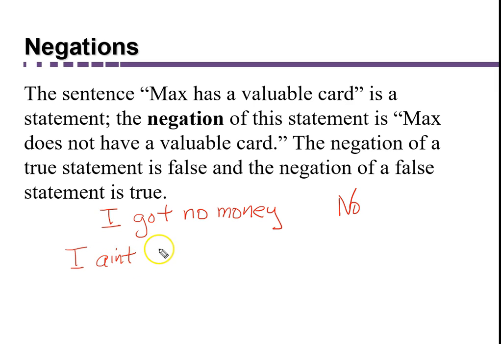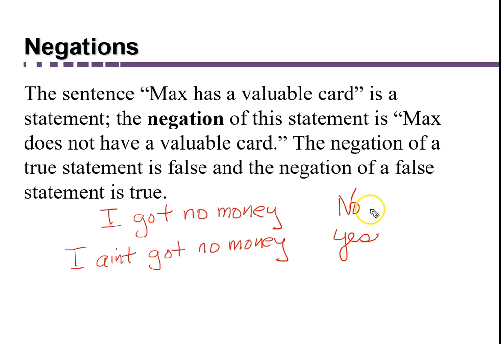Not sure that's a word or not, but we hear it. Now, does this person have money? Think about it. And the answer is yes. He has money, or she has money.